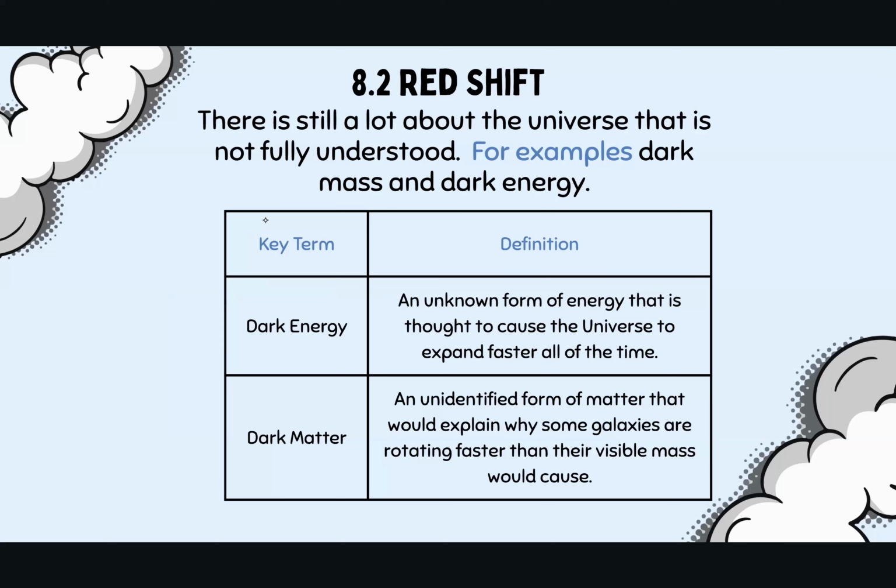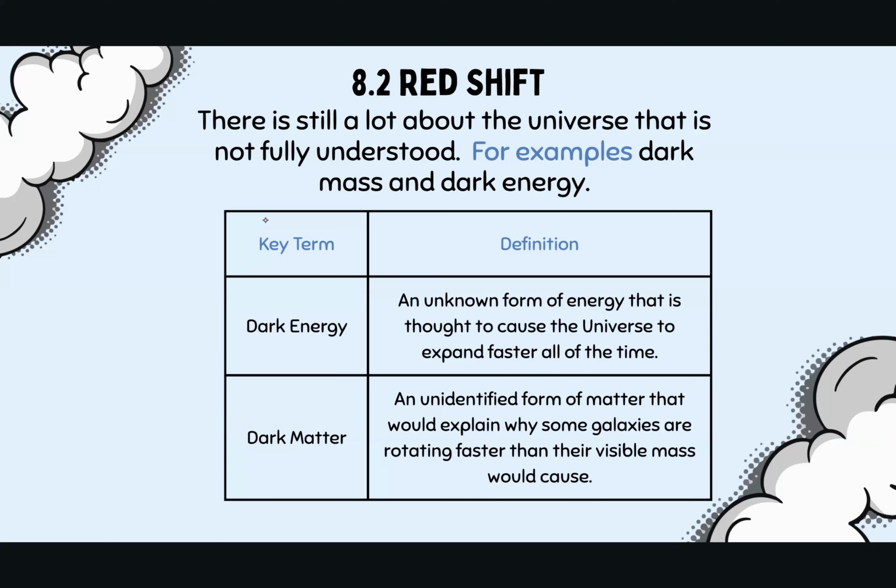In simple terms, scientists have discovered that the universe is expanding, and it's not just steadily, it's accelerating the expansion. So there must be something causing this push, but they don't know what it is. They call whatever's pushing it to become bigger and bigger dark energy. They have no evidence of it 100%. They just know there must be something there that's causing it to continue its expansion. So they call it dark energy.